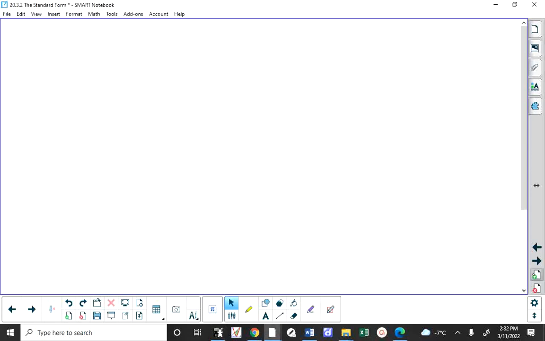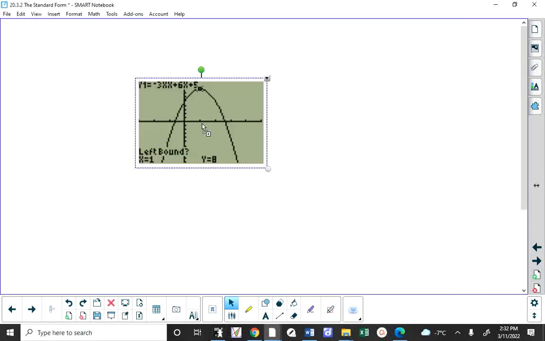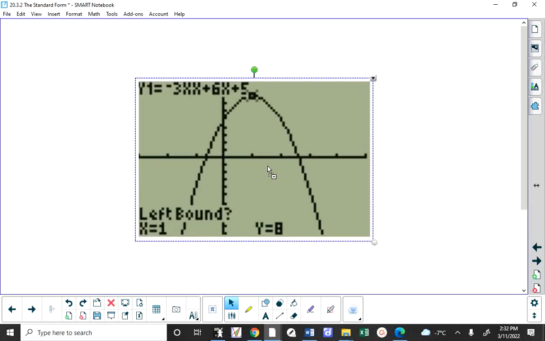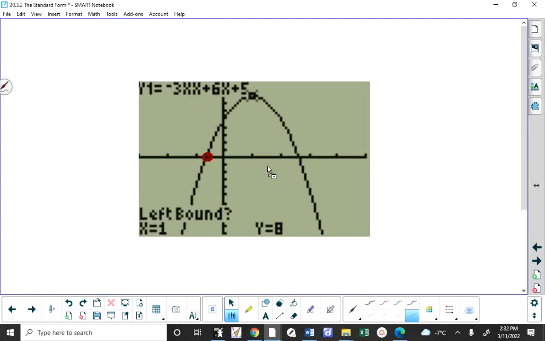So at this stage of the game, everybody, when it says left boundary, if I am after this x-intercept, this is left of it, and this is right of it. So left means put your cursor someplace here to the left of it. Right is going to mean put your cursor someplace here, which is to the right of it.